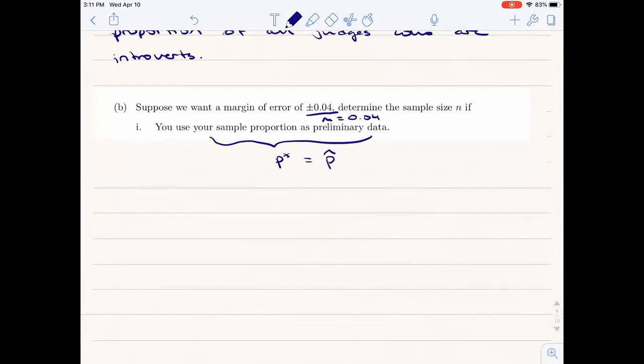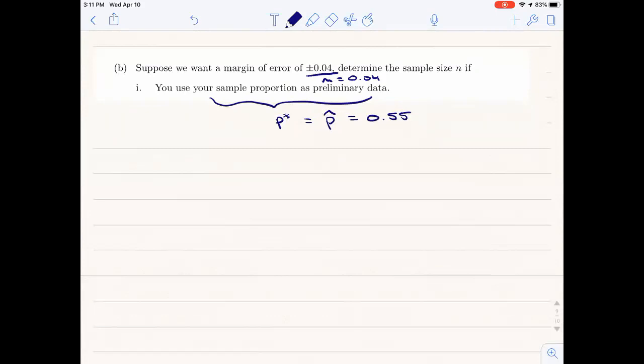So use p hat as your p star, so 0.55. Your sample size calculation is z star over m, squared, times p star q star. I'll just double check that.